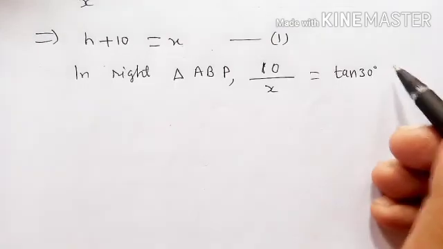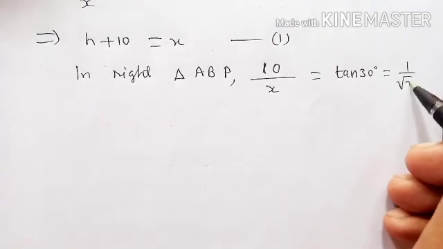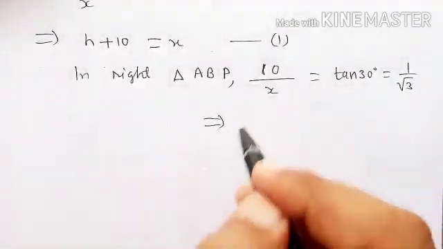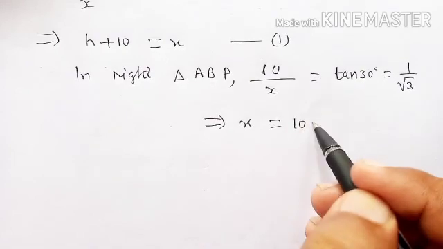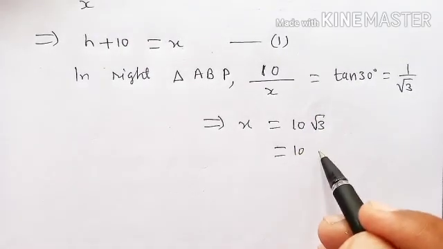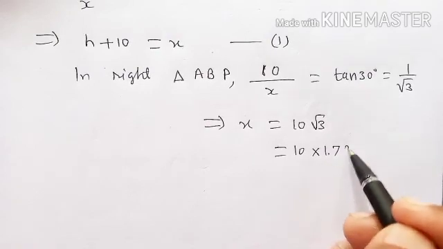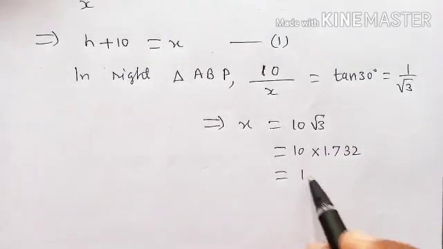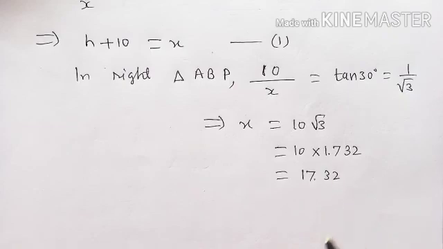This implies that we know that tan 30 is 1 by root 3. From here we have x is equal to 10 root 3. The value of root 3 is given 1.732. This is 17.32. We have the value of x.